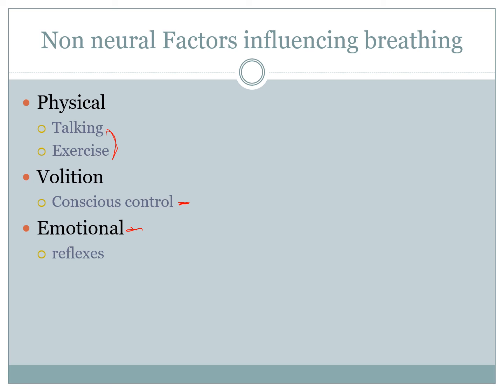So it's a lot more complex than I've essentially gone through. We have conscious control, emotional control, and physical factors that can influence and take over our normal rhythmic breathing and also bypass our chemoreceptors.